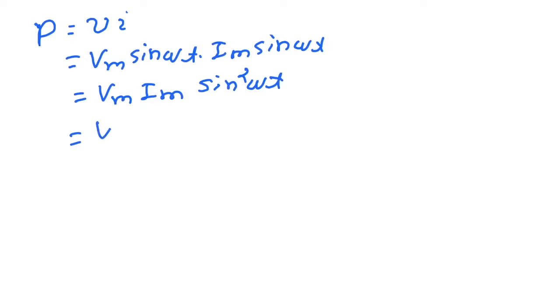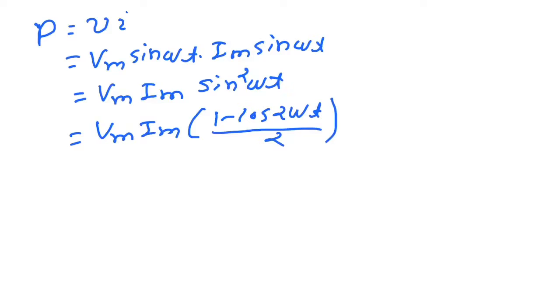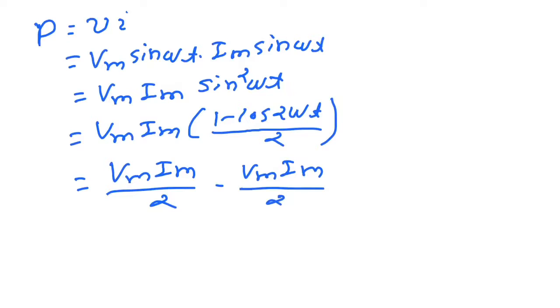Now sin square omega t is equal to (1 minus cos 2 omega t) divided by 2. So it is equal to Vm Im by 2 minus Vm Im by 2 cos 2 omega t.